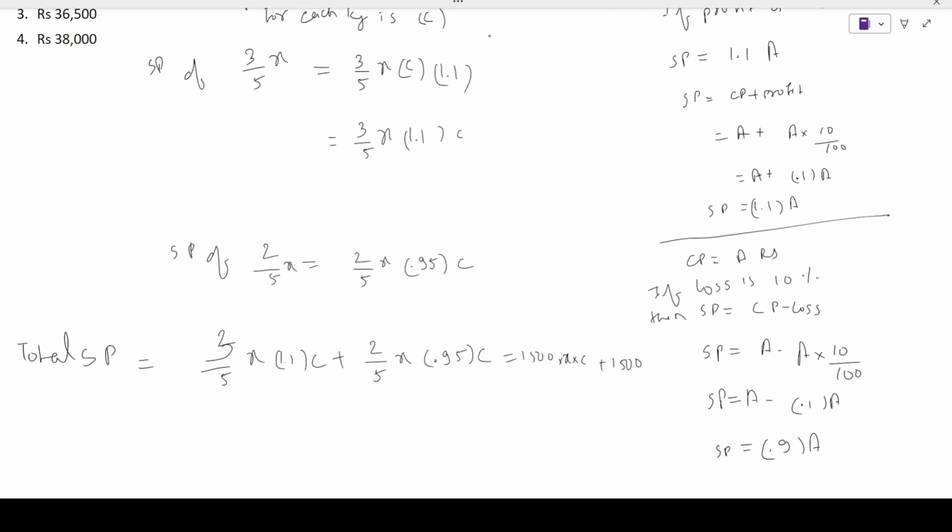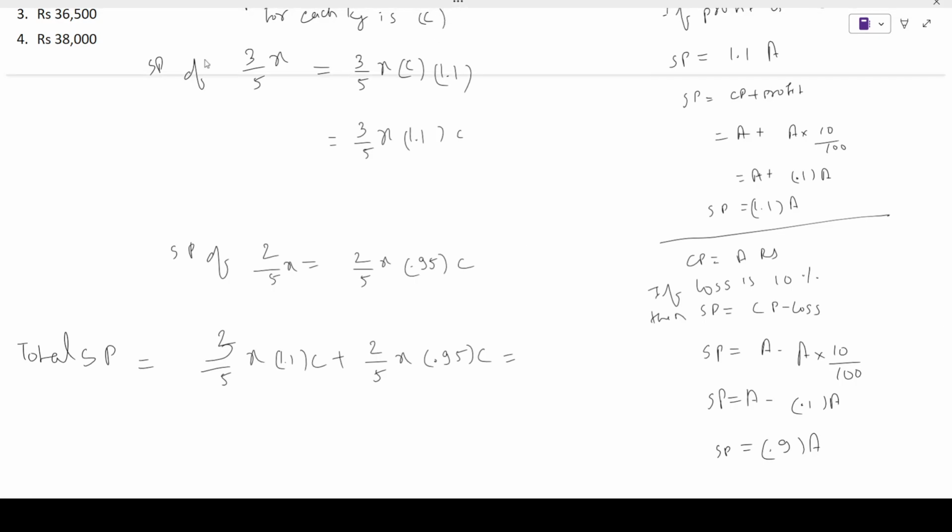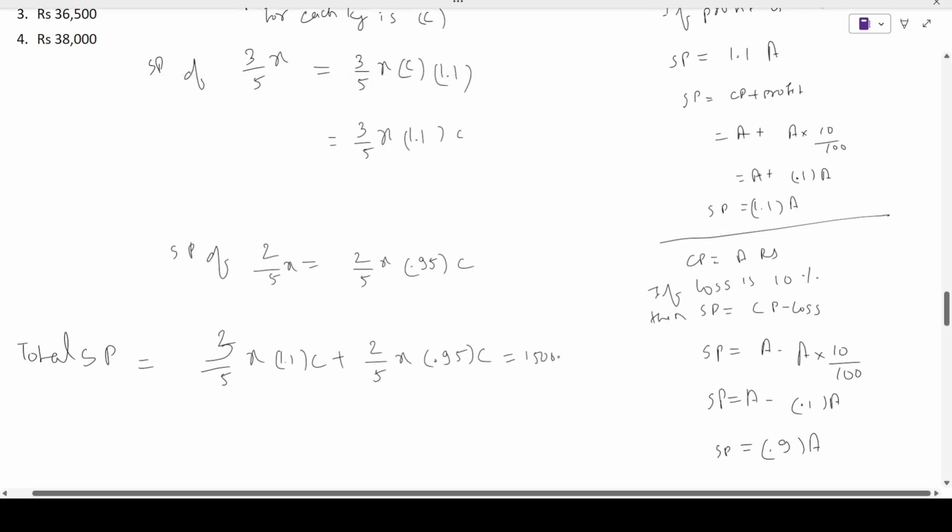Just a second, I have made a mistake here. This selling price is 1500 more than the cost price. Cost price for each kg is C. We have total x kgs.